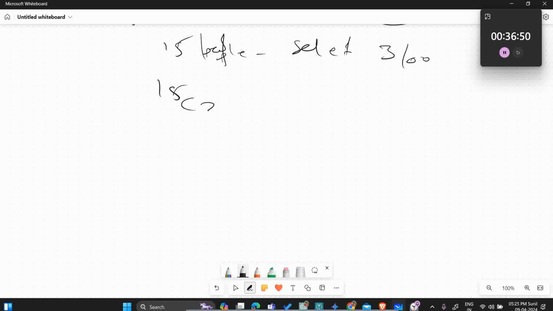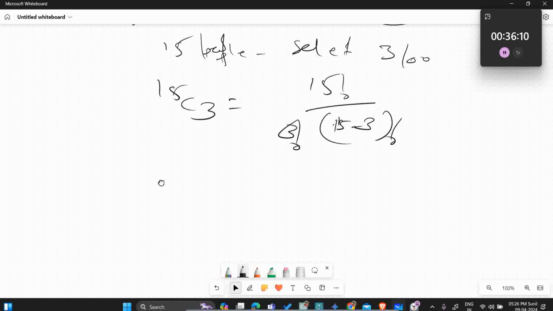So it would be 15C3, which is 15 factorial upon 15 minus 3 factorial, and 3 factorial, that is, divided by 3 factorial.